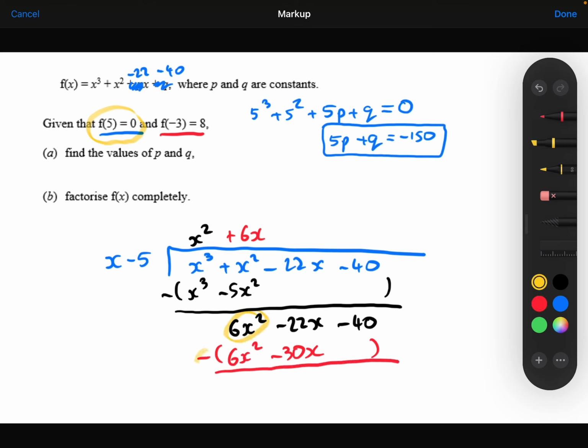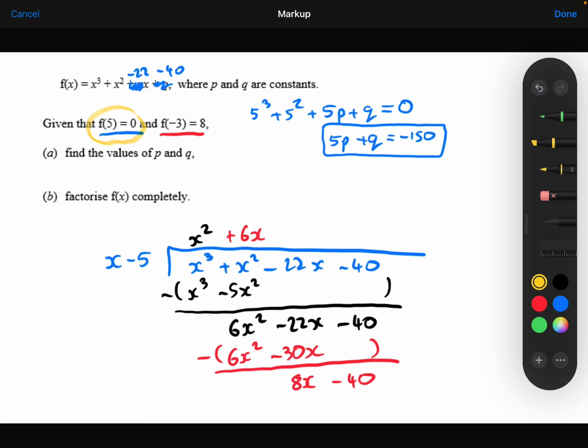The 6x squared minus the 6x squared is 0. The minus 22x minus minus 30x, so minus 22x plus 30x is 8x. The minus 40, take away nothing, is minus 40.